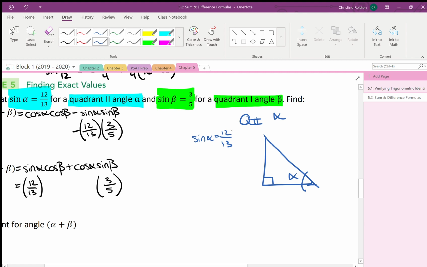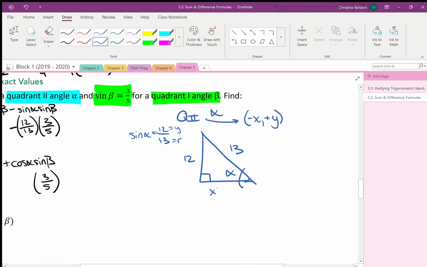It gives me my y and my r, my opposite and my hypotenuse. So I have 12 and 13 here. Now remember, in quadrant 2, we have a negative x and a positive y. My y was positive, my r is always positive. Now I just need to find my x, and I know it's going to be negative. I just need to use my quadratic formula.